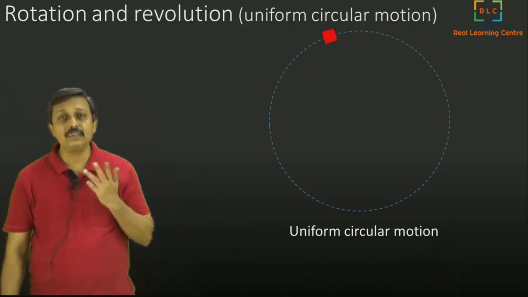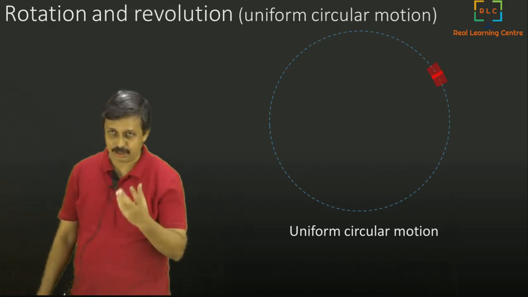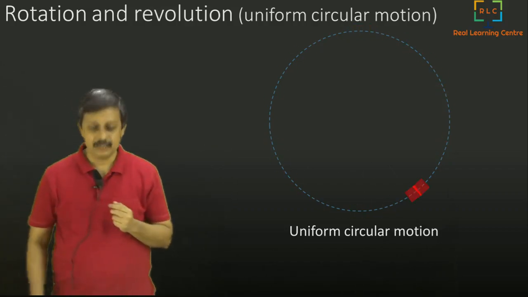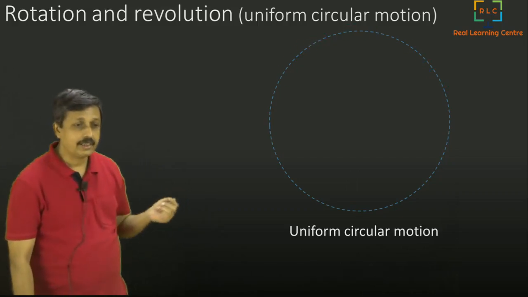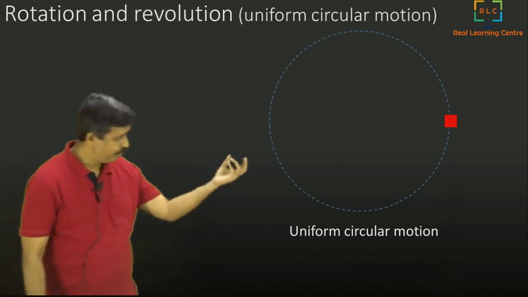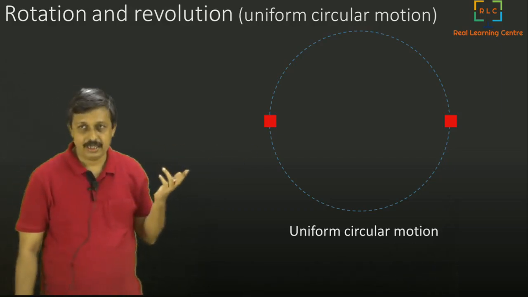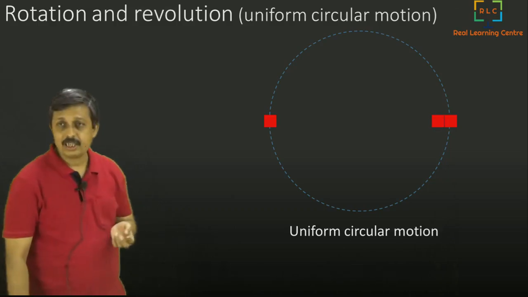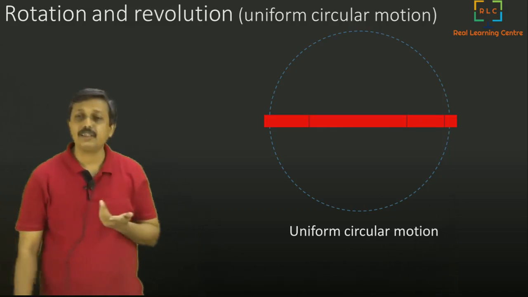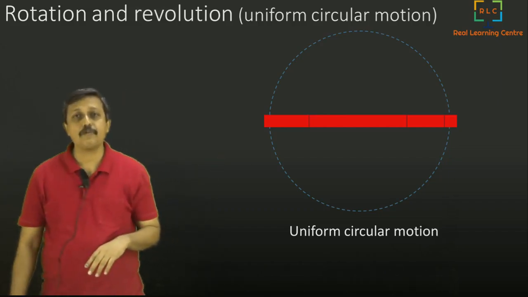Now if you consider this as uniform circular motion, what is the relationship of such a motion, UCM as we call it, with respect to rotation? Let's say we stop this at some point and look at the body here, an object, and I'm going to add some more such pieces, one more piece here and some pieces in the middle, and glue it up and make finally one single piece, a bar.